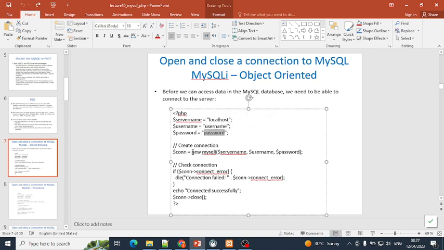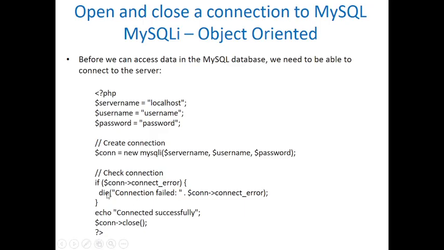Now you are going to use this MySQLi type of connection. See here, you are creating the object equal to new. This will accept your server name, the username and password. Now you can use this variable to check whether the database is connected successfully or not. So this is a simple program which will test whether the connection is successful.